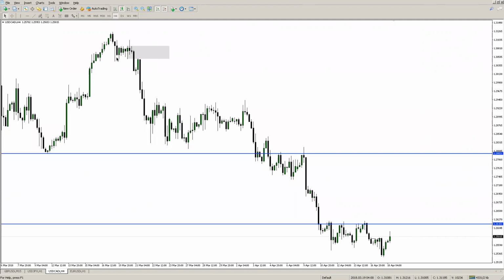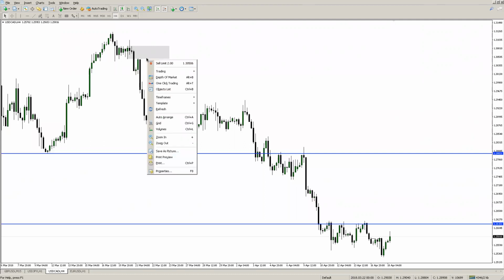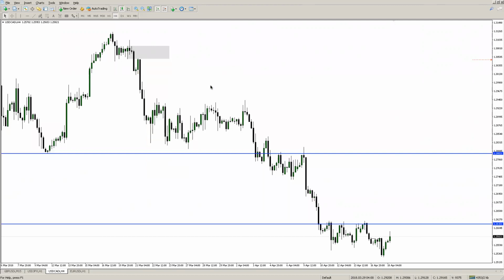An example of something you can do to not just be looking at the chart for 8 hours straight is you can set an alert. If you right click and go to trading and do alert, the high on this candle is 30541.